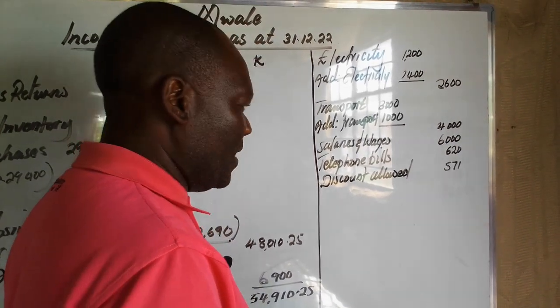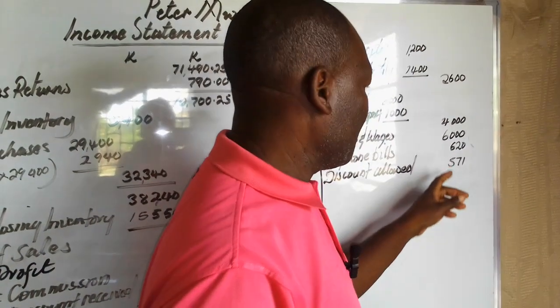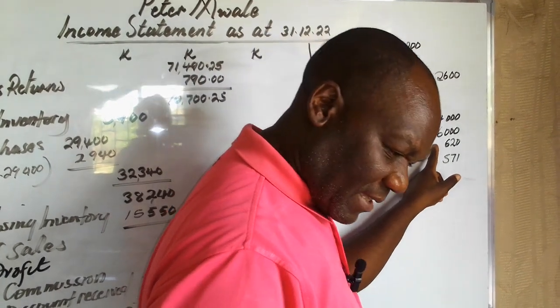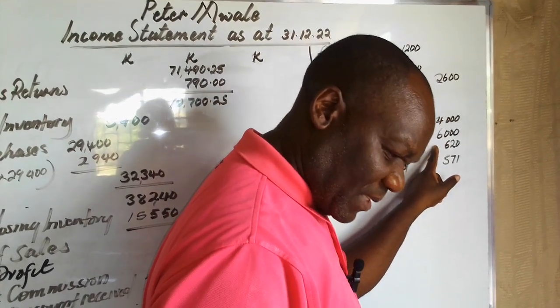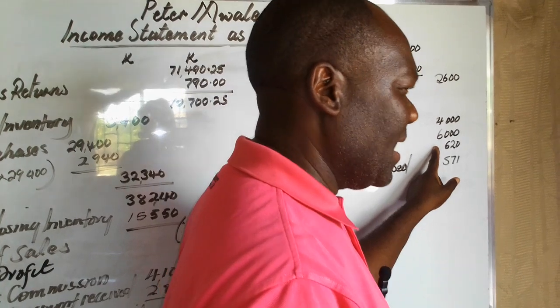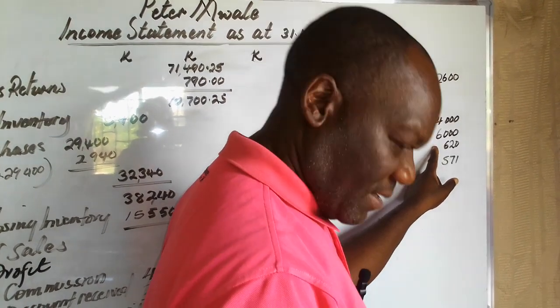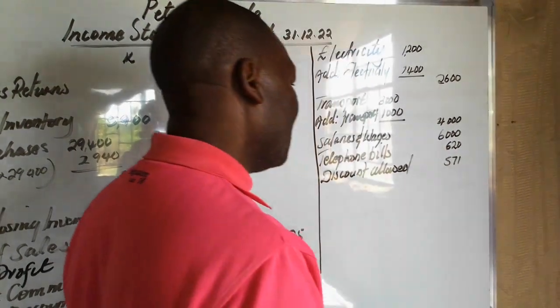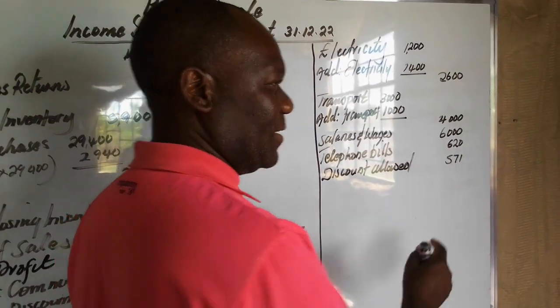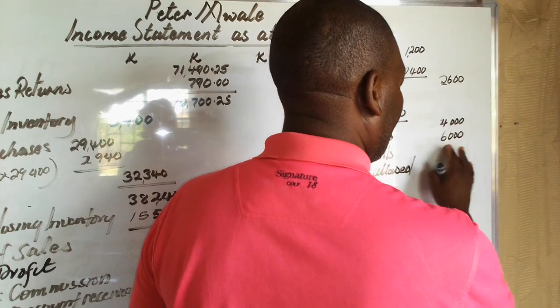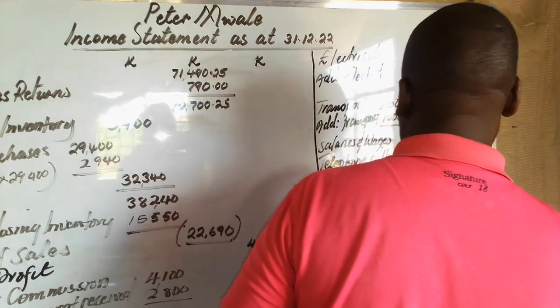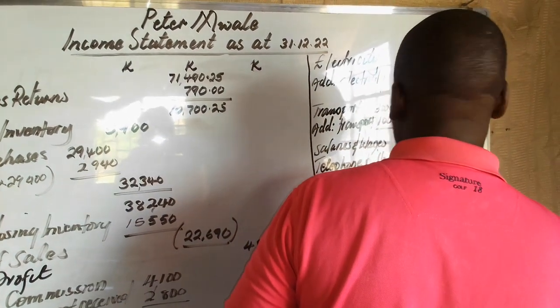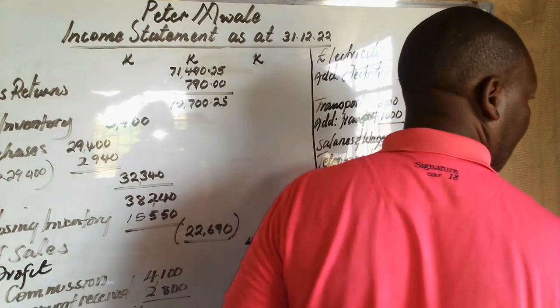Then the next expense on the question is telephone bills. The figure for telephone bills is 980.